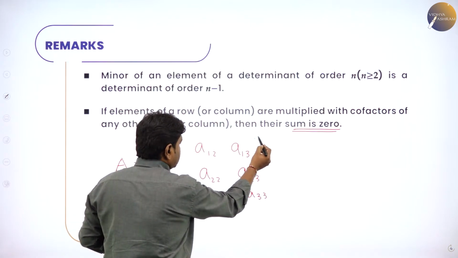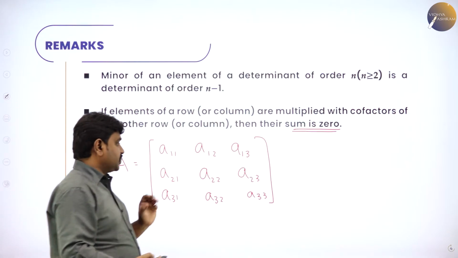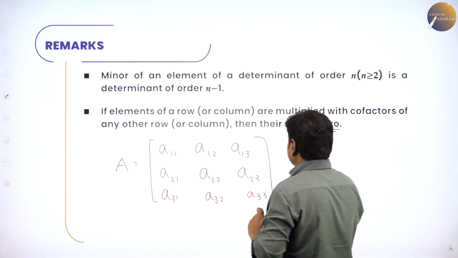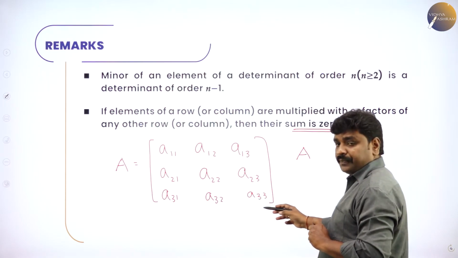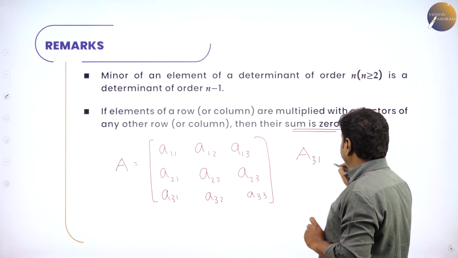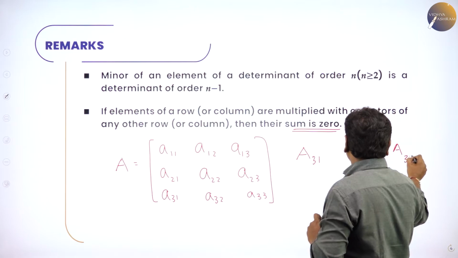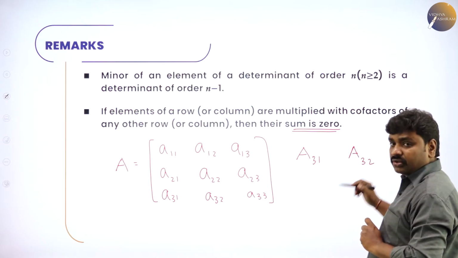So now this is a 3 cross 3 matrix. Now you can find cofactor for any one of the rows. I'll find cofactor for the third row. So A31 means cofactor of third row first element, third row second element, third row third element.